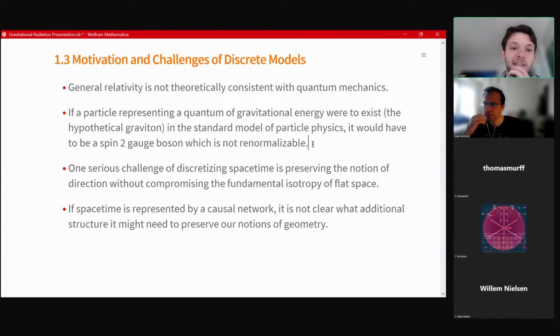So that's one of the main motivations for going discrete. And that's why people have come up with theories like quantum gravity to try and describe this.